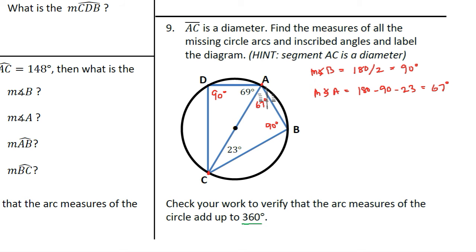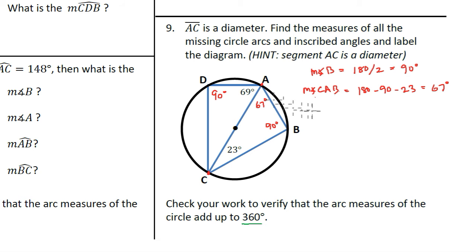We cannot assume this is 69 degrees because we don't know if these two triangles are congruent or a reflection of each other. How do we find the measure of angle DCA? Actually, I shouldn't have labeled this measure of angle A. That's deceptive. Let's call this the measure of angle CAB.